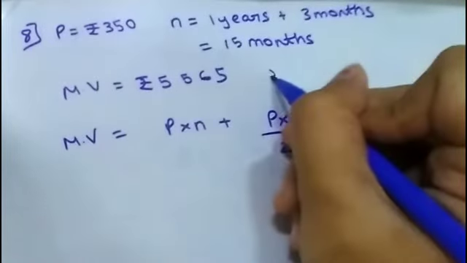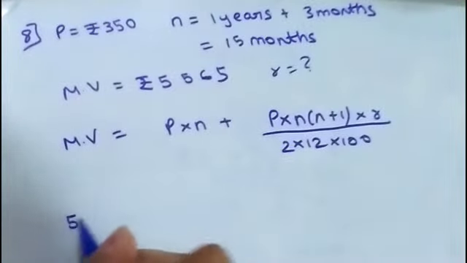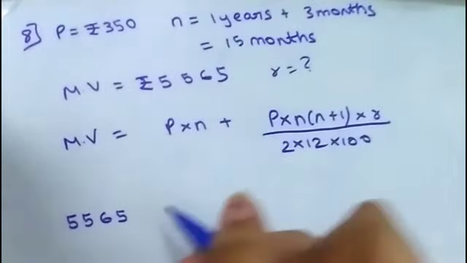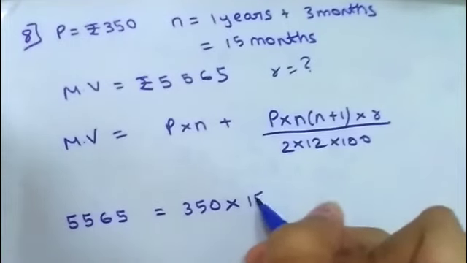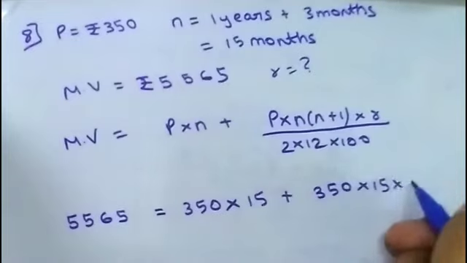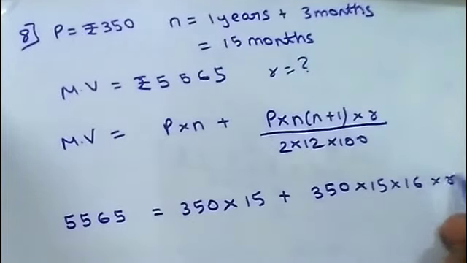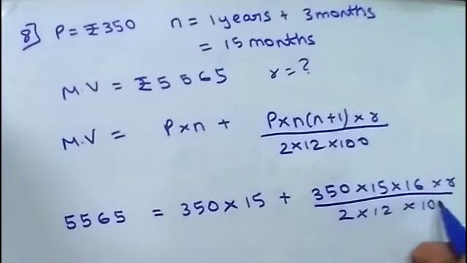In the question we have to find R. So R equals question mark. So MV is 5,565, which equals P 350 into 15 plus 350 into 15 into n plus 1, which is 16, into R divided by 2 into 12 into 100.